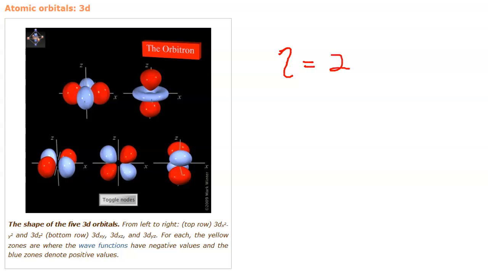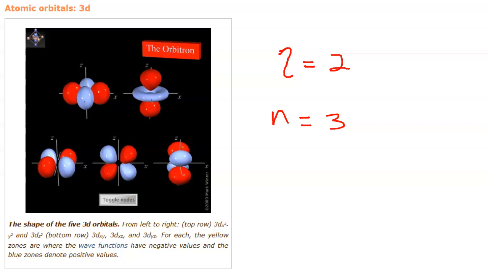All right, and there are two preferred axes. And that, again, only occurs when n equals what? You said it, n equals 3, because of the 0 to n minus 1 rule. So the d orbitals only show up in the third energy level, just like the p's start in the second.